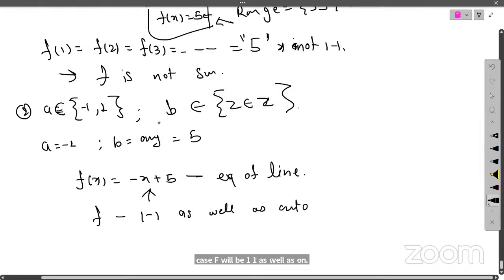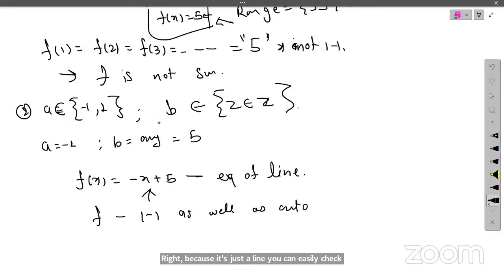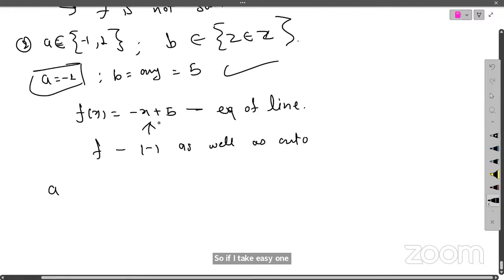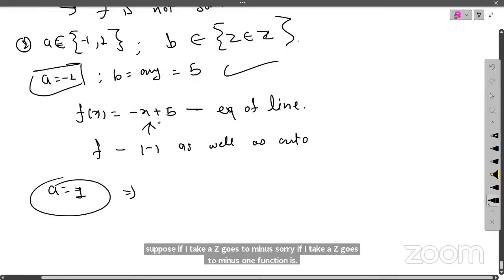You can easily check that the equation of a line is always 1-1 and onto. So if I take a is equal to 1, then my function is bijective. Now if I take a is equal to -1, the function is bijective. If a is equal to 1 also, and b any integer you can take.